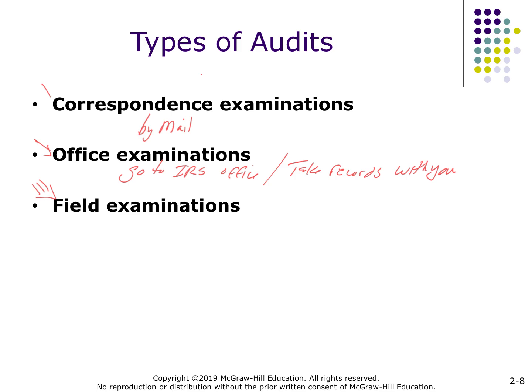All right. And these field examinations are typically reserved for businesses. The IRS comes to you. Now, truth be known, lots of large Fortune 500 companies have what's called a continuous audit program going on.